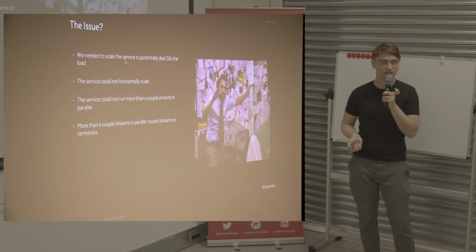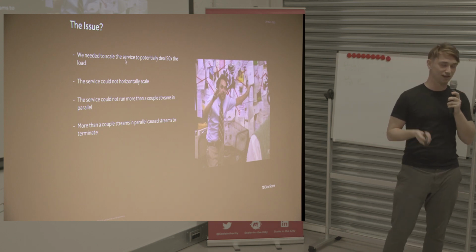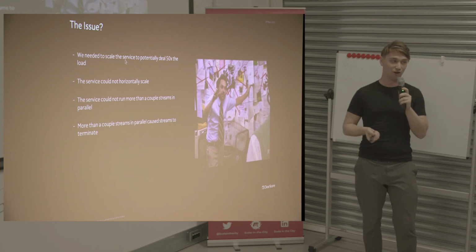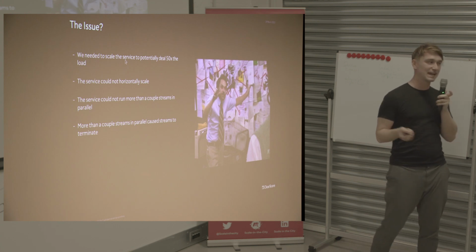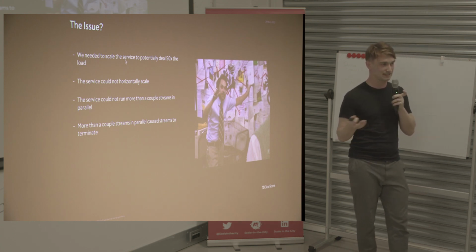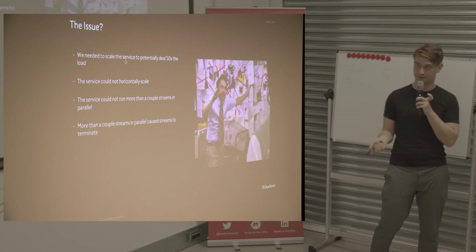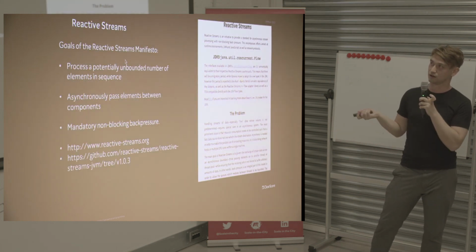So after exhausting all the obvious things, it led me to look at the Akka docs, and there's a lot of information in the Akka docs. But then I came across them describing Akka as an implementation of Reactive Streams. So it led me to look into what Reactive Streams is.